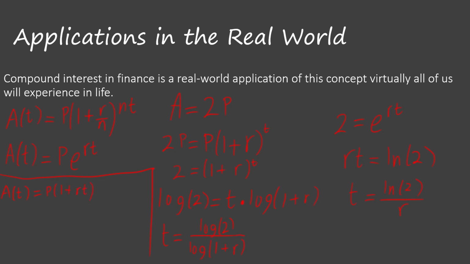That's a linear increase, whereas compound interest is A of t equals P(1 + r) to the power of t, assuming 1 year for simplicity, which would be a curved increase, meaning it grows faster and faster over time.